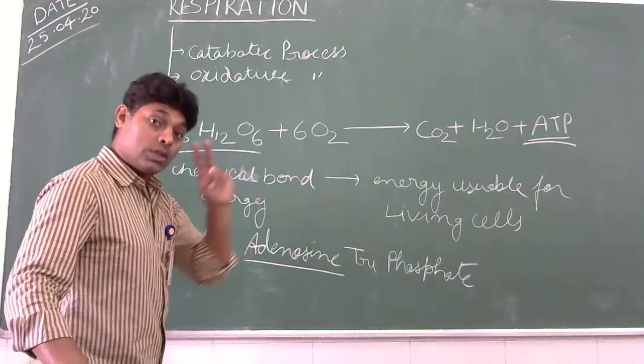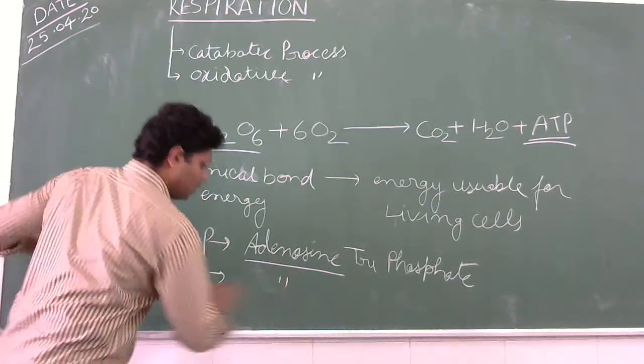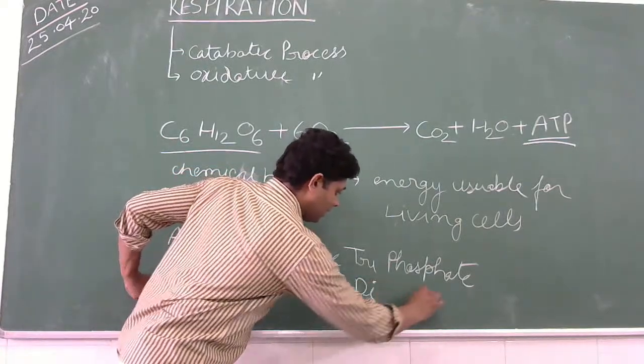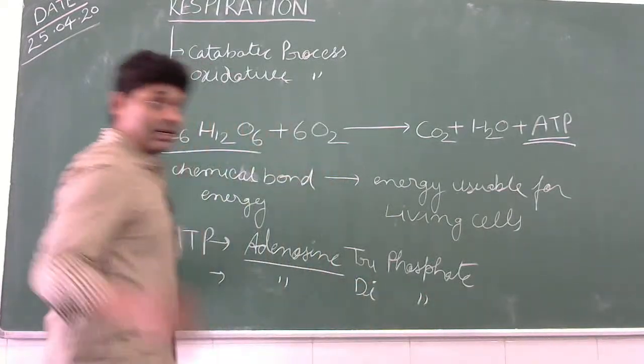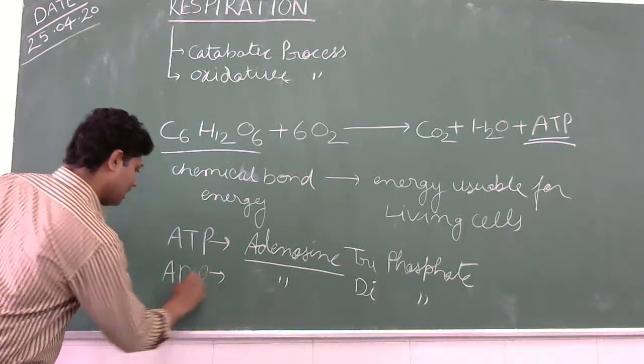If it has two phosphate groups, then it is known as the adenosine diphosphate, that is ADP.